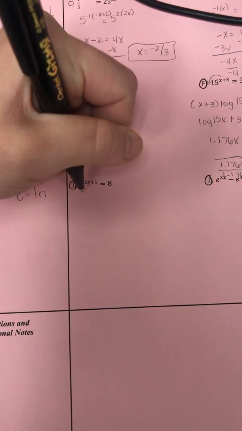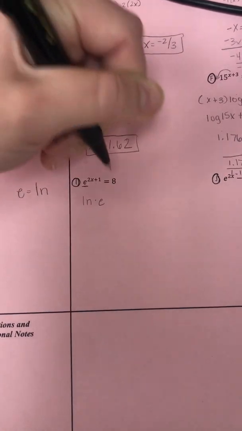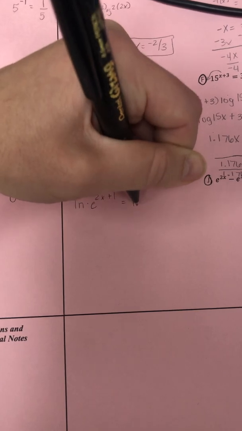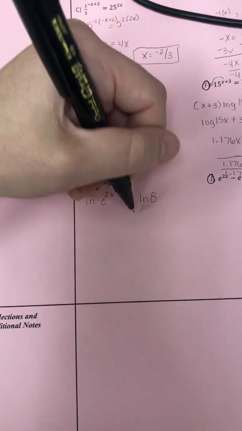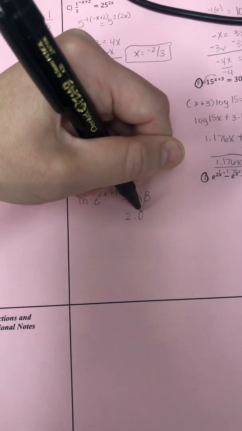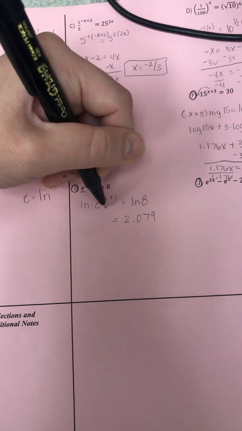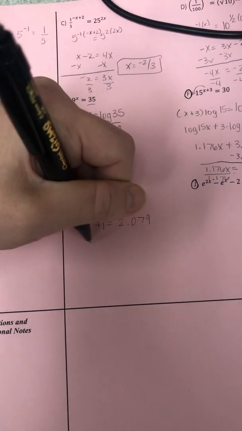So what I'm going to do is take ln of both sides. All right, and when you plug in ln of 8, you'll get 2.079. Okay, ln and e cancel out, and I'm left with 2x plus 1.